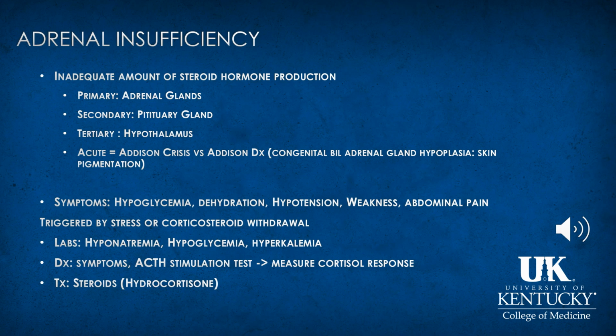If this adrenal gland insufficiency occurs as an acute crisis, then it's called the Addison crisis. That is different from the Addison disease, which is a congenital bilateral adrenal gland hypoplasia. The differentiation here is that with Addison disease, you also usually have skin pigmentation abnormality, bronze skin.